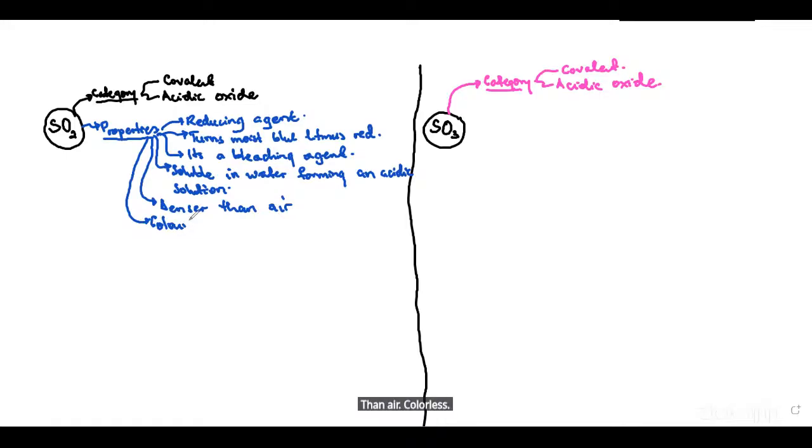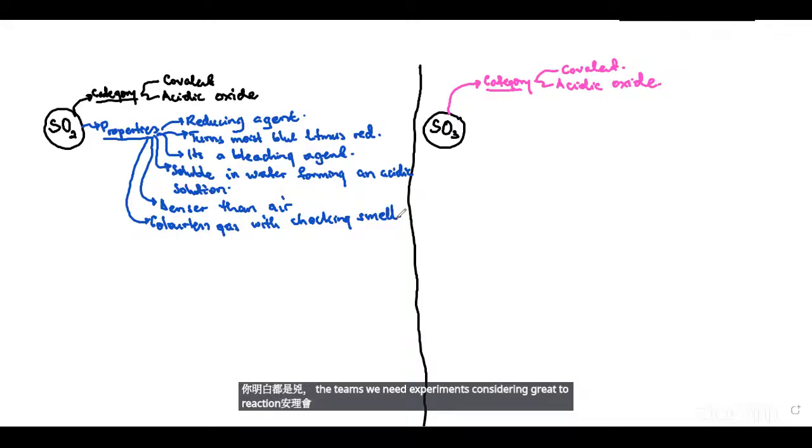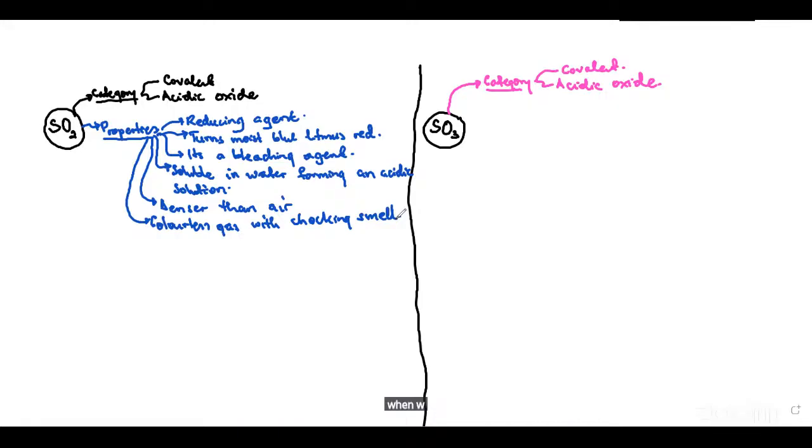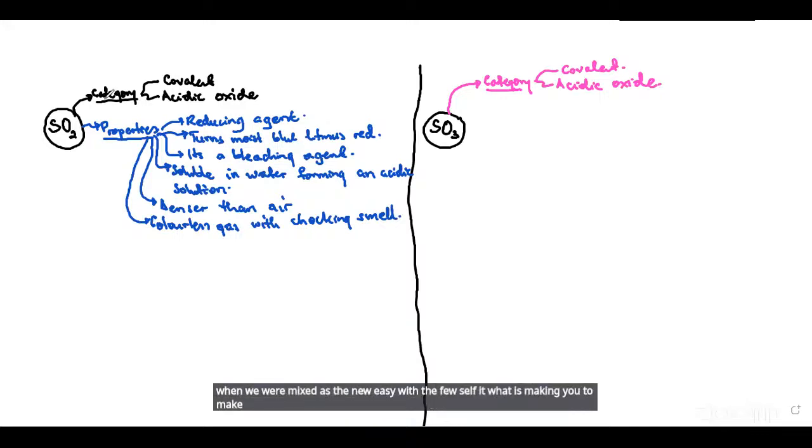Colorless gas with choking smell. If you remember the times we did experiments concerning rate of reaction, dealing with either concentration or temperature, that gas which was being given off when we mixed the acid with the thiosulfate was making you choke, making you cough somehow.